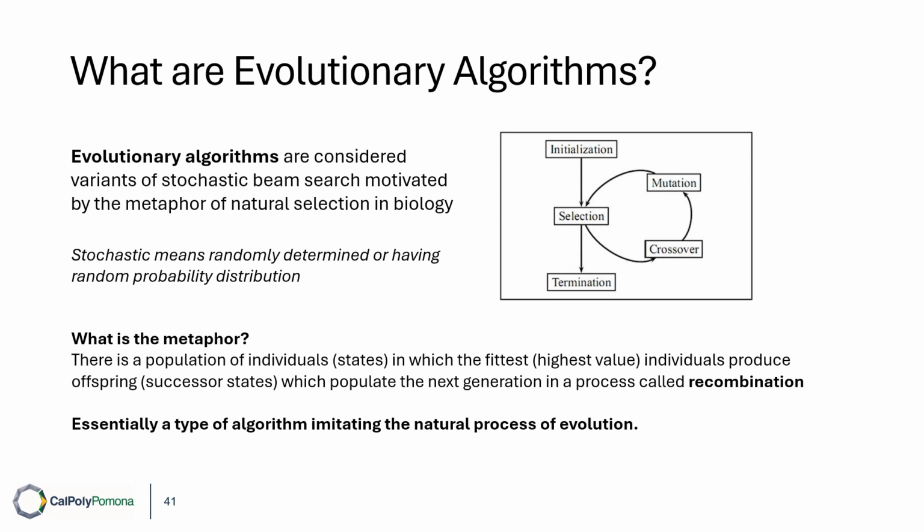The metaphor we're discussing here, the metaphor of natural selection, is that there is a population of individuals or states in which the fittest or highest value individuals produce offspring. These offspring, or successor states, populate the next generation in a process known as recombination. In essence, evolutionary algorithms mimic or imitate the process of evolution and how organisms evolve over generations in nature.